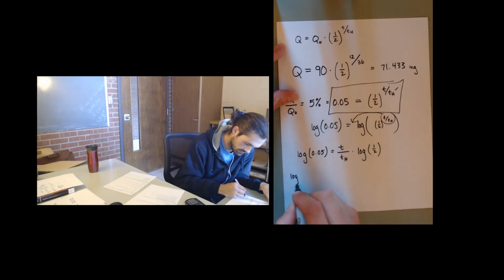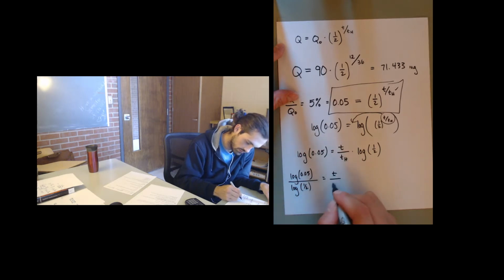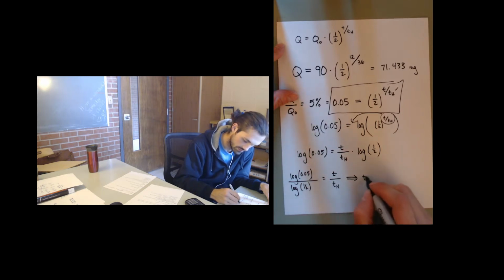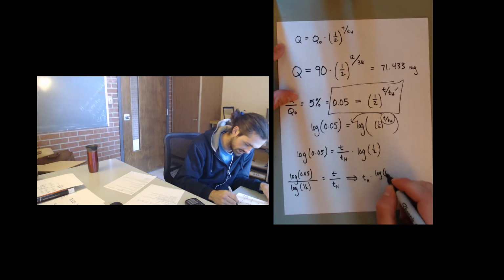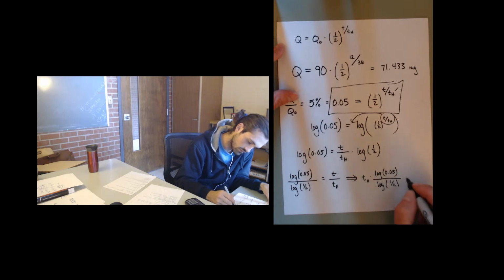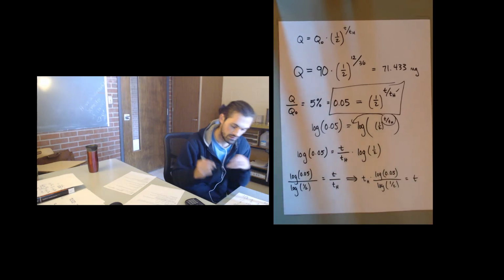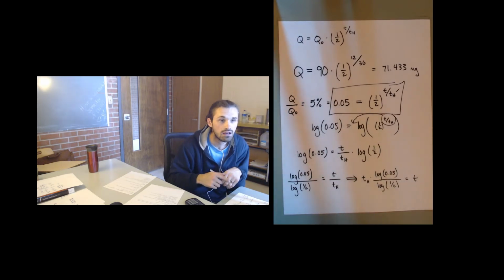So I see log of 0.05 over log of a half is equal to t over t sub h, and then multiply by t sub h to completely isolate t. Recognize t sub h is our half-life, 36 hours.